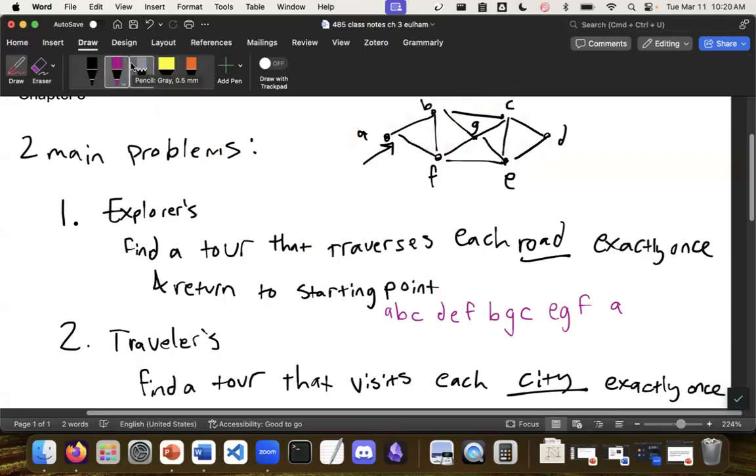Okay, let's look at the traveler's tour. The one that the book has is A, B, C, D, E, G, F, A. If we look at that, A, B, C, D, E, and then up to G, down to F, back to A. We have gone around our graph and visited every city only once.